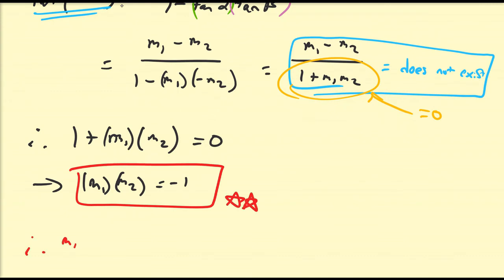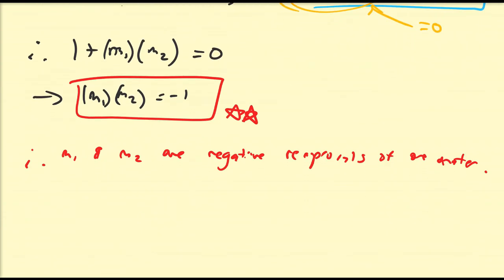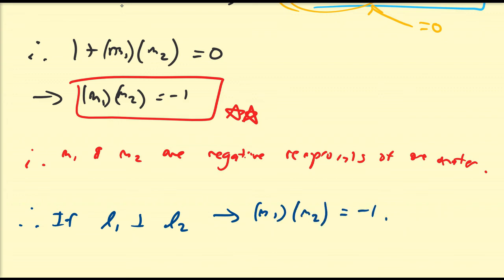So that means m1 and m2 are negative reciprocals of one another. If that's the case, that means if L1 is perpendicular to L2, then m1 times m2 is equal to negative 1.